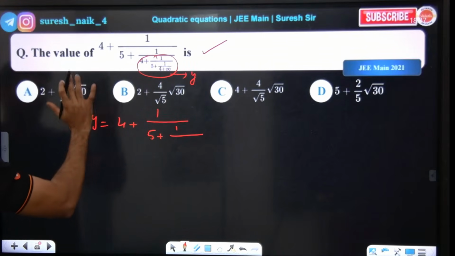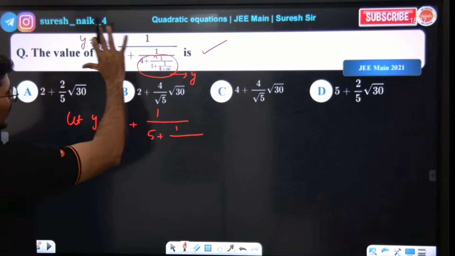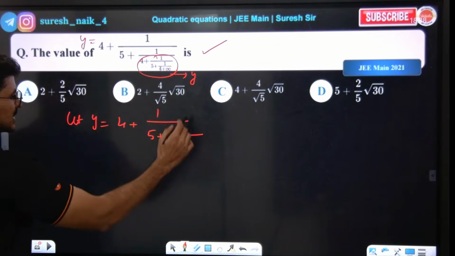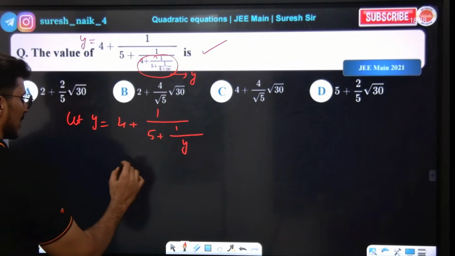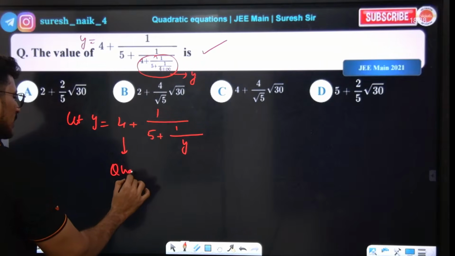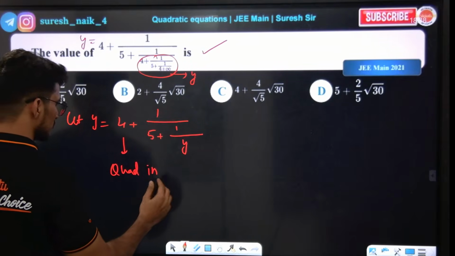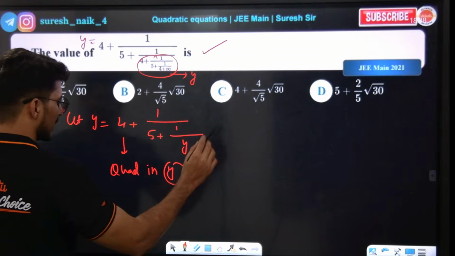My y is what? Let us take y is this. Again, the same thing is repeated here, which is y. If you solve it, you will get a quadratic in y. Solve it, you will get the answer.